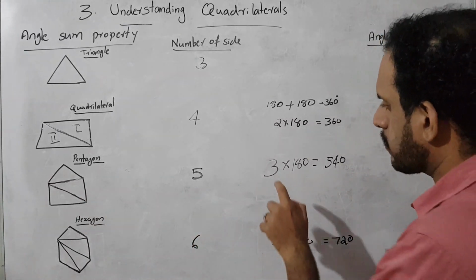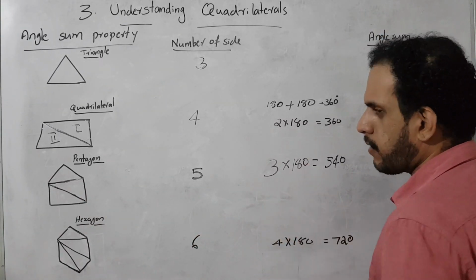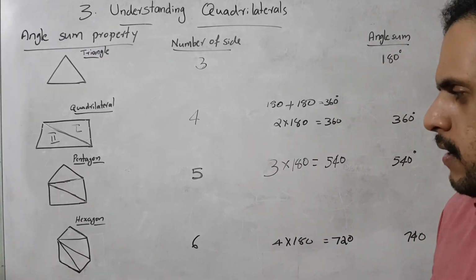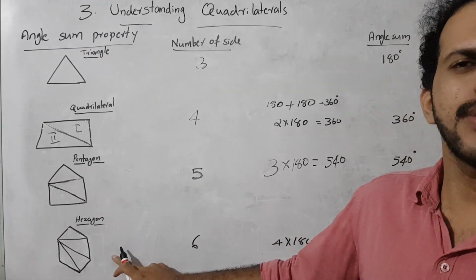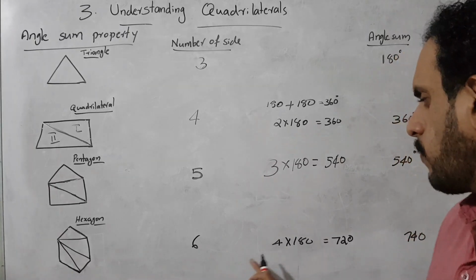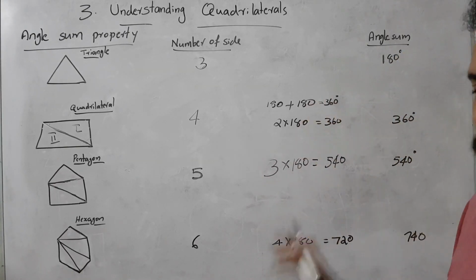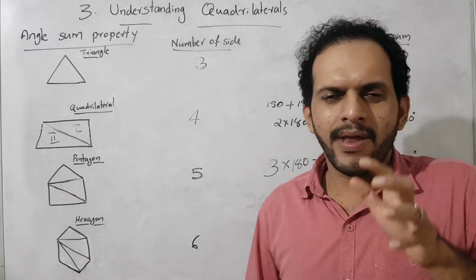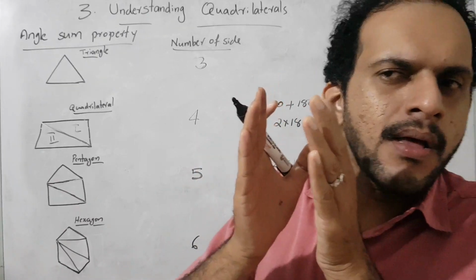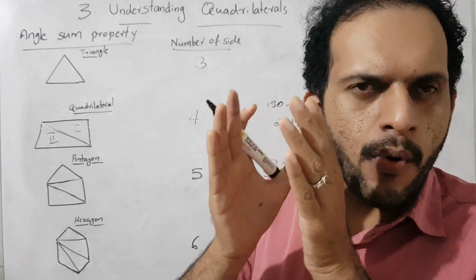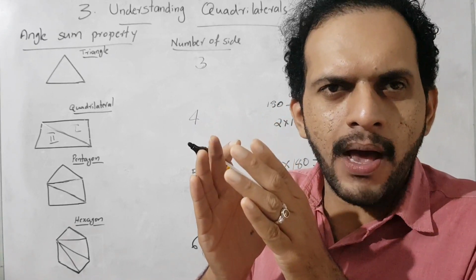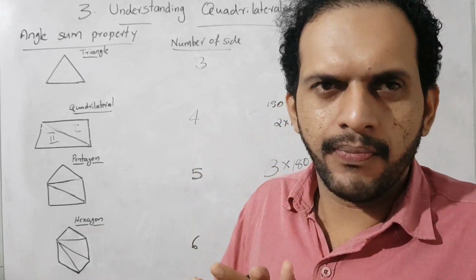We multiply like this, 3 into 180, correct? If the number of sides of a polygon is 6, then 4 into 180. 180 is common in all the cases. So it's very clear that for finding the angle sum of a polygon, we need to multiply with 180 degrees.